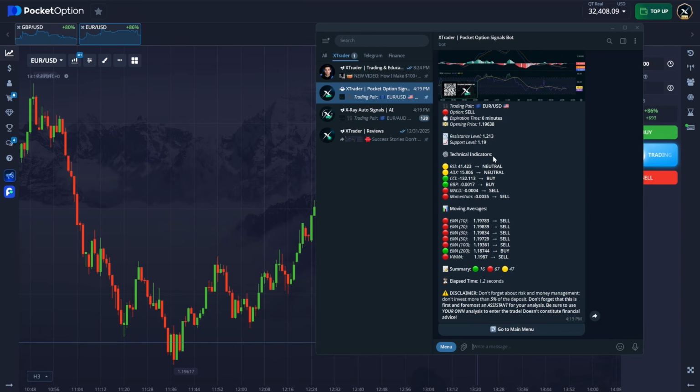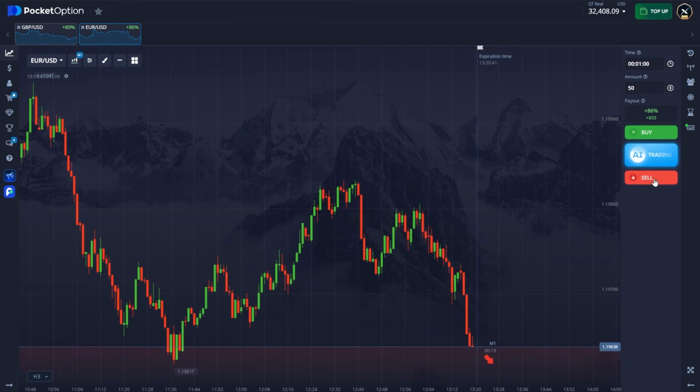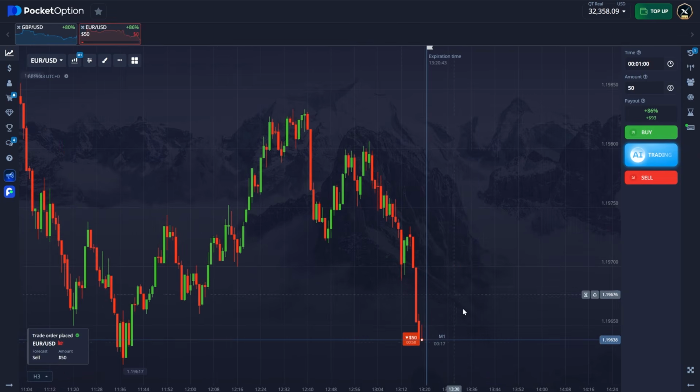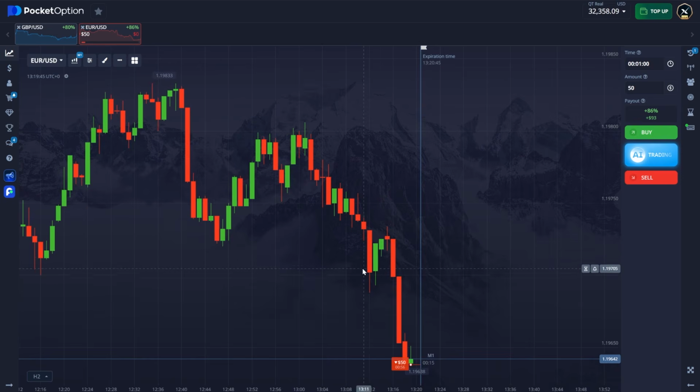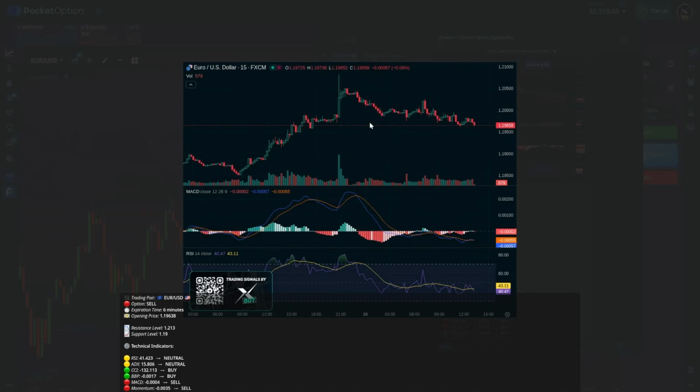The bot is configured so it doesn't give signals shorter than 5 minutes. Here, it's 6 minutes. We open the sell option. Let's open another sell trade. Here it's showing the overall trend.